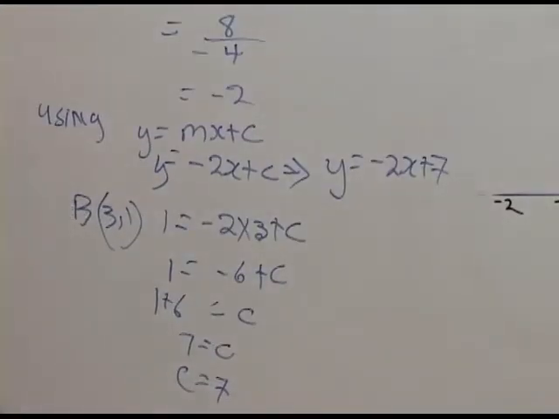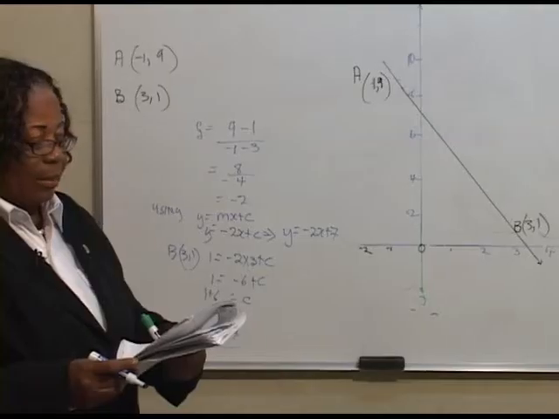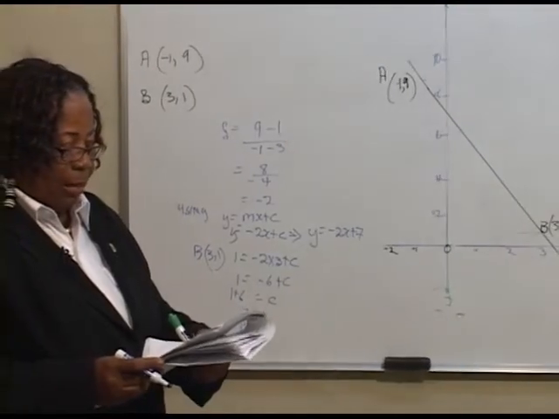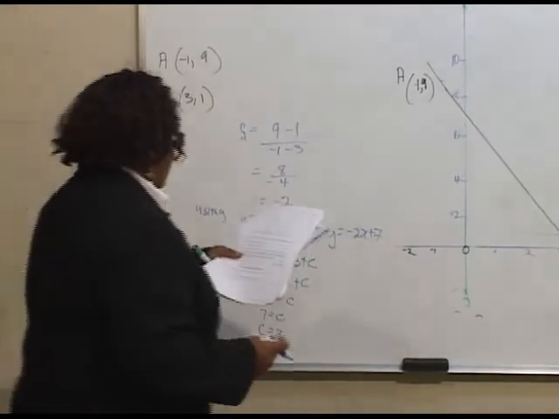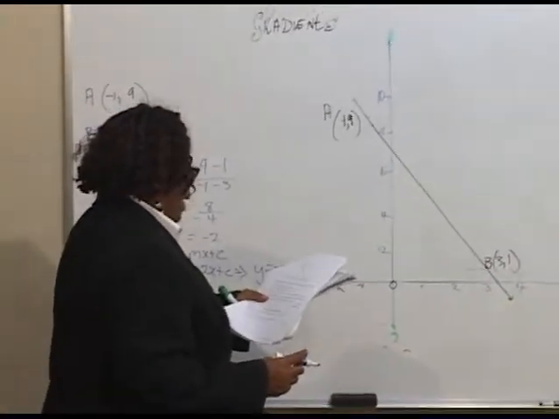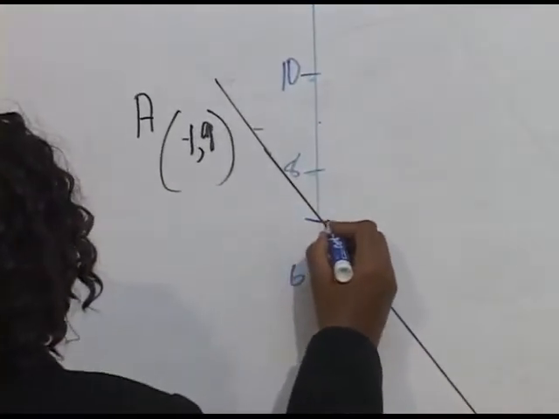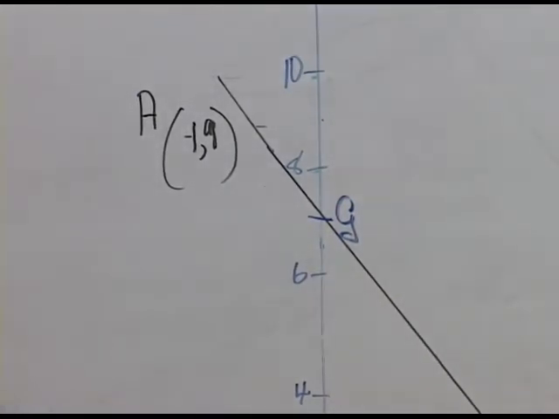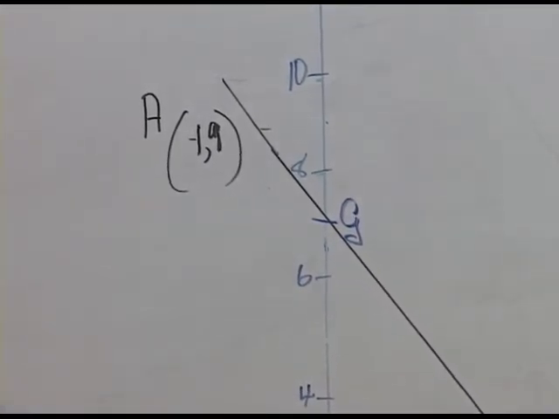It says, write the coordinates of G, the point of intersection of AB and the y-axis. And this is where G is. Okay? They would have been giving you that on the paper and you'd see it on your exam paper.